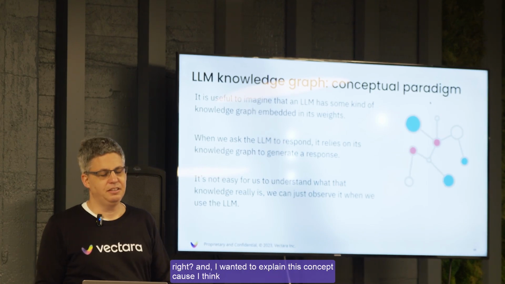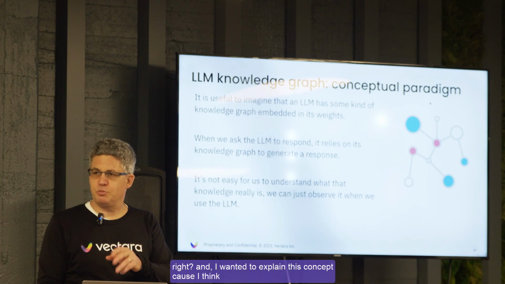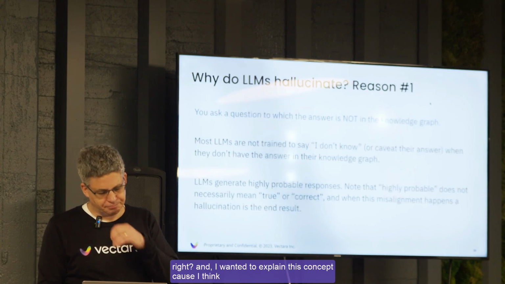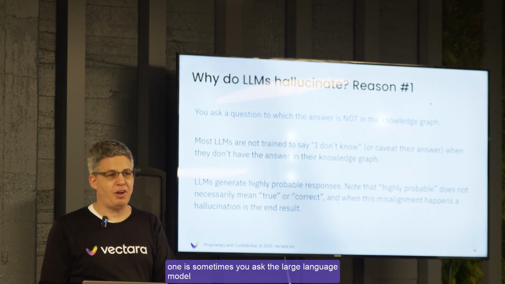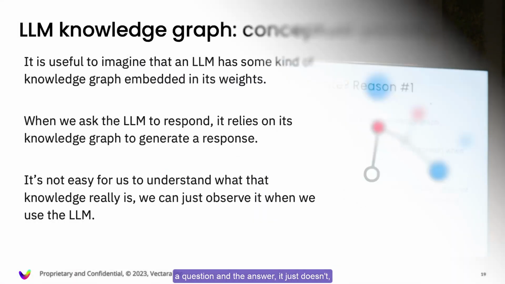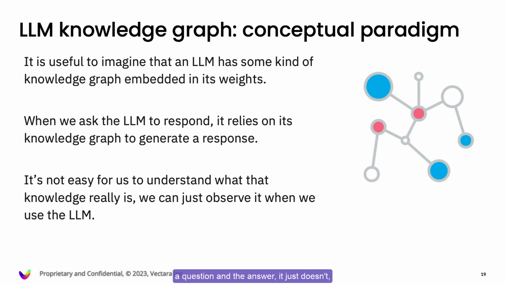I wanted to explain this concept because of two reasons I'm going to share. One is sometimes you ask the large language model a question, and it just doesn't know the answer. It's not in that knowledge graph. It hasn't learned it. Will Smith is a good example of that.